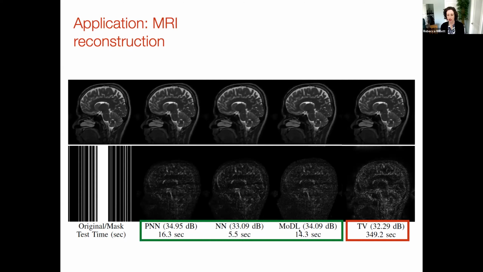And you can see that all of these methods are doing well, and perhaps most importantly, for the MRI setting, they're achieving these high accuracy reconstructions in very small amounts of time, because we are limiting the number of blocks essentially within these networks. And we can contrast that with total variation reconstruction, which gets a slightly lower but still comparable PSNR, but at the cost of a significantly higher reconstruction time. And so this sort of highlights the potential of this approach in applications where fast reconstructions are highly important.